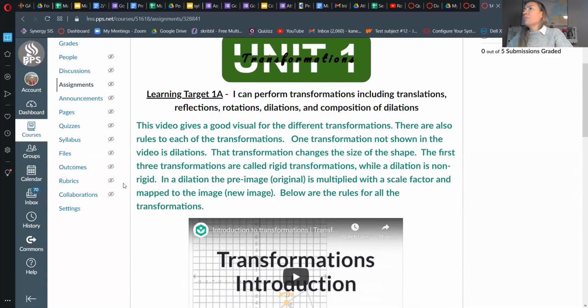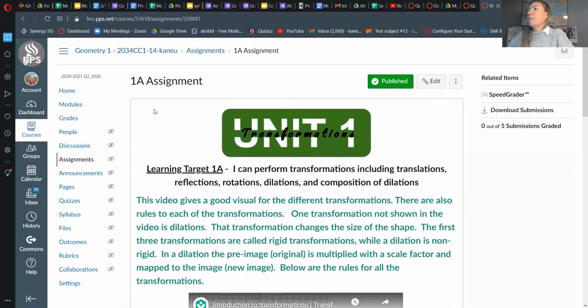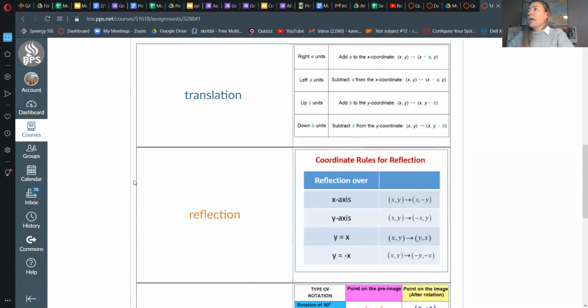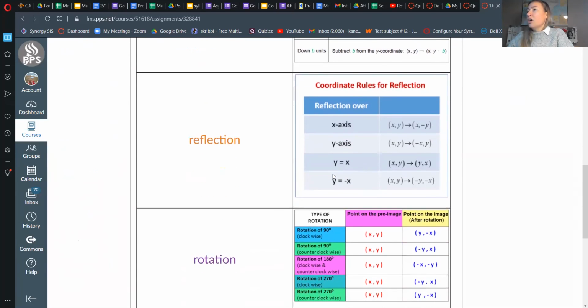Real quick, I want to show you where these are located on the page. So here I have this pulled up just in case. This is in our 1A assignment, Unit 1, Transformations. And then here they are, the translations going from left to right or up or down, right? The reflections over the x-axis, the y-axis, either the y equals x or the y equals negative x.